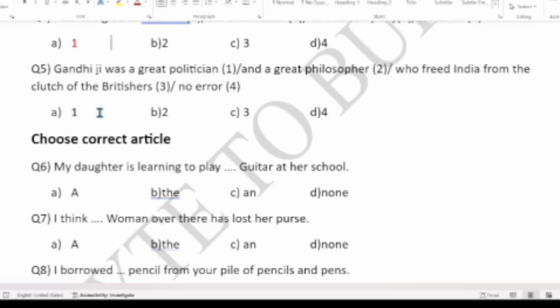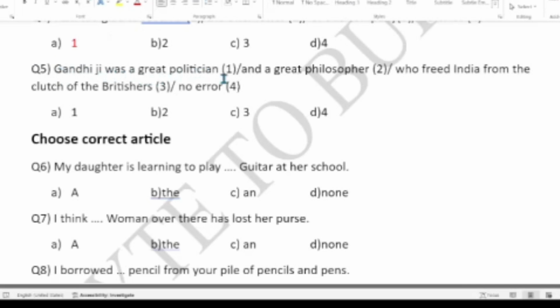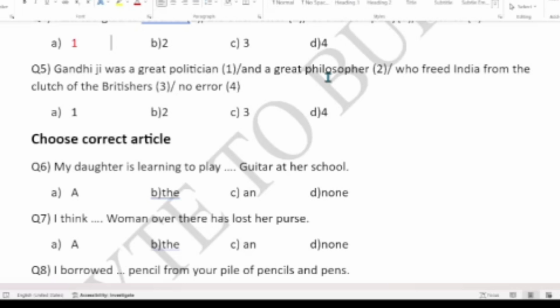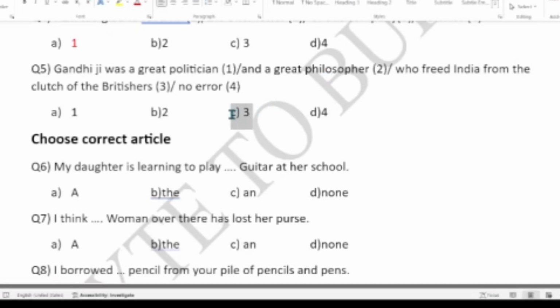The fourth option is no error. Here we should learn the concept: when we use two habits or qualities of a person, we use only one article with them. So the sentence should be: Gandhiji was a great politician and great philosopher who freed India from the clutch of the British. So basically the error lies in the third part of the sentence.